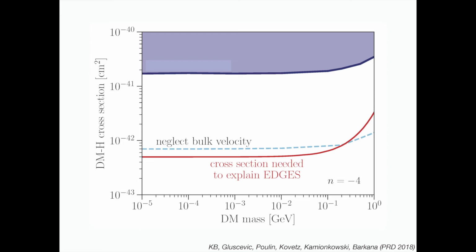Notice that in the era that EDGES is making their measurements, the universe is mostly neutral, whereas the relevant physics for the CMB is at much earlier times when the universe was completely ionized. So in terms of a particle physics model, what gives you a v to the minus 4 interaction? It's a Coulomb interaction.